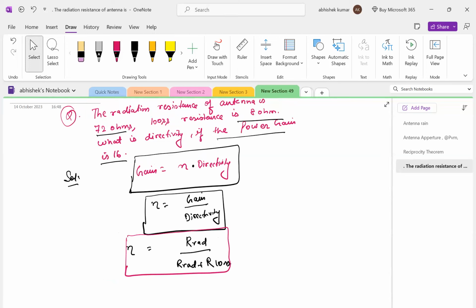Just a second. You just solve it. One minute I am giving you. Please try to solve it. It is 17.7.